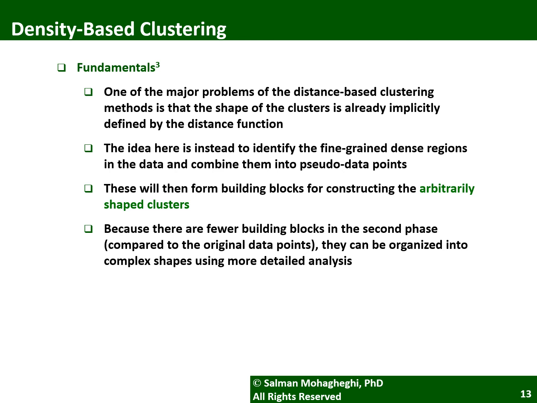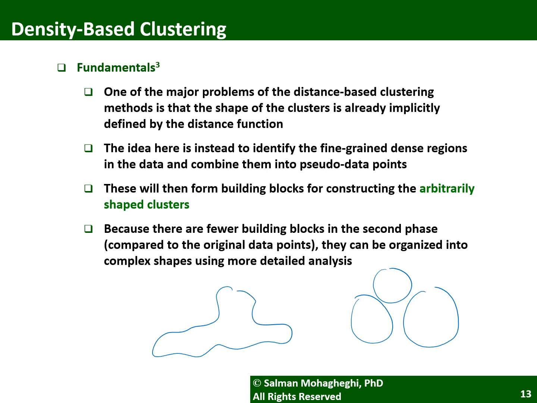So the idea in density-based clustering is to allow some unusual and arbitrarily shaped clusters to form, not necessarily clusters that are spherical in shape, right? So I want to have clusters that have shapes like this.